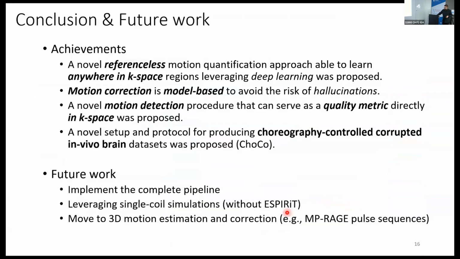Now to conclude, we have presented this referenceless model that's able to learn anywhere in K-space. As we mentioned, we wanted to avoid too much of a black box system, so we use model-based motion correction.